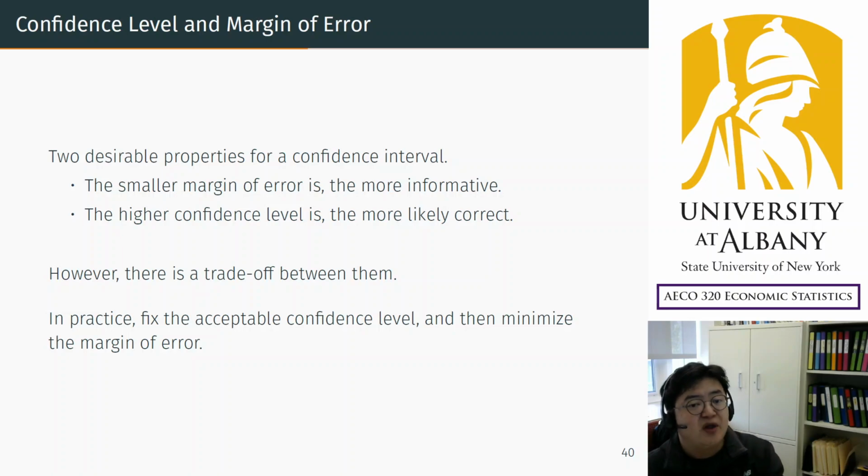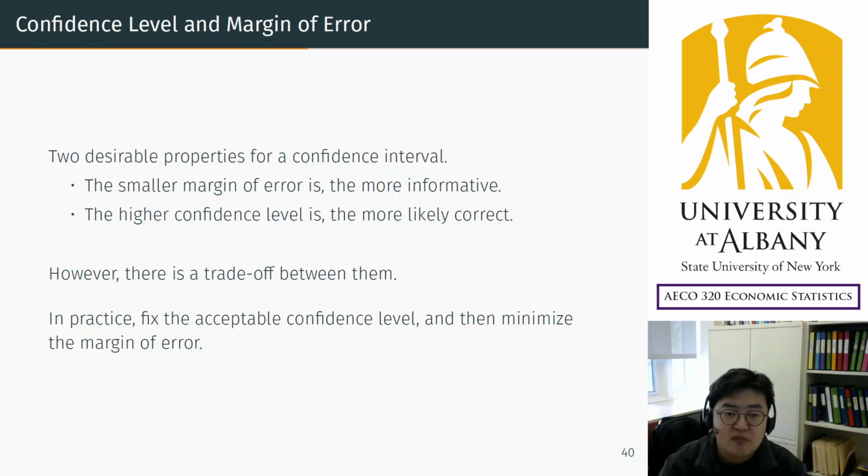At the same time, you would like to have a higher confidence level, because that is the probability of correct estimation. So the higher confidence level would be good, given everything else being the same. But as I said, this is a trade-off. To have a higher confidence level, you need to extend the margin of error, but that will make your estimator less informative.